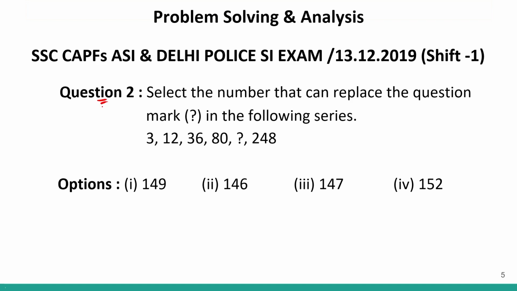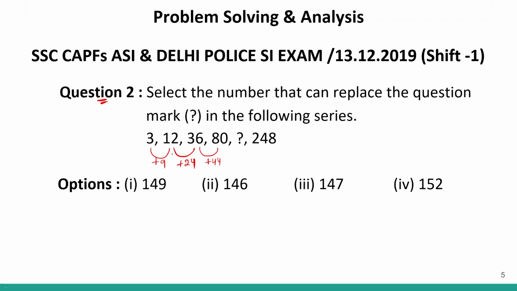Question number 2. This is a question in which one element is missing and we have to identify which element is missing. If I look over here, there is an increment of 9, over here an increment of 24, and over here an increment of 44. Looking at this, I cannot make out a logic.